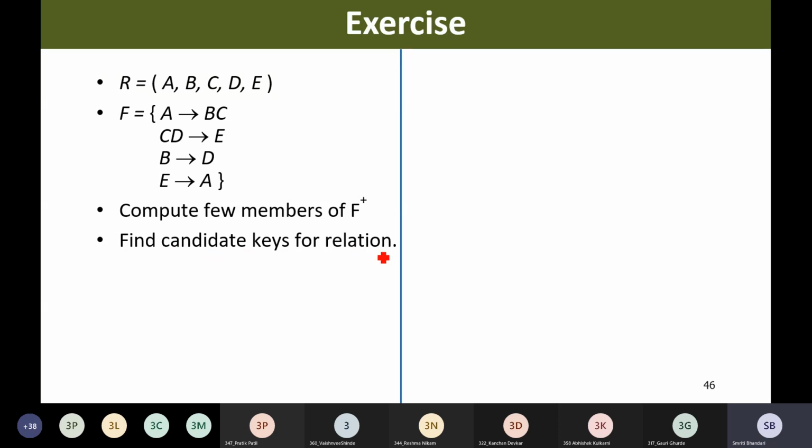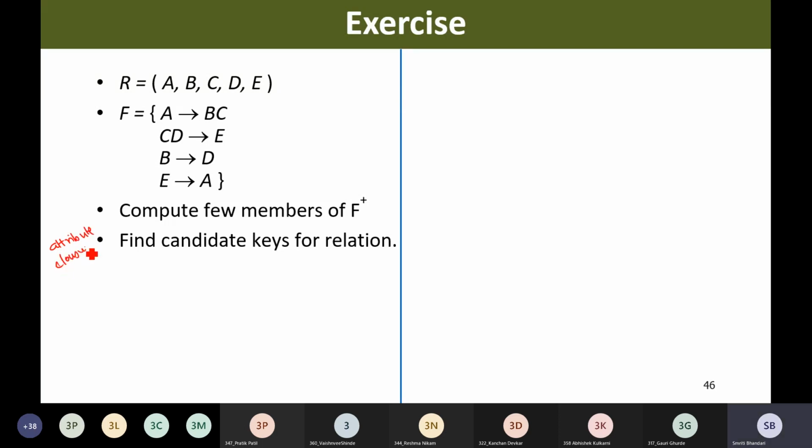Instead of using the earlier method, that is Armstrong's axioms, we are going to make use of attribute closure to compute the members of F plus.